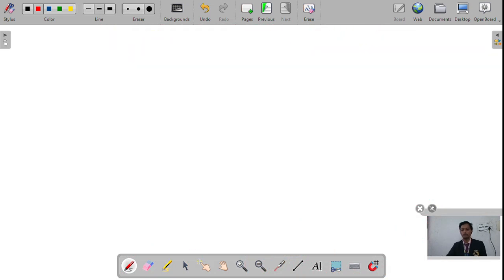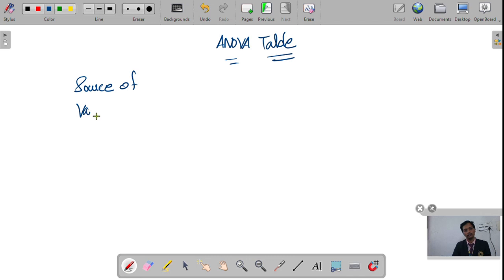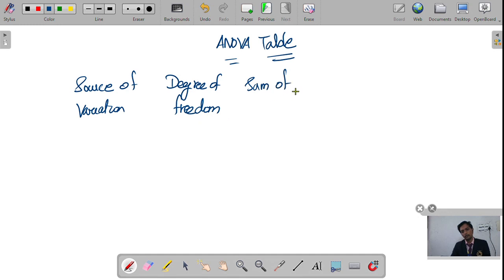Now we move on to the ANOVA table. In the ANOVA table, there will be, first, source of variation; second, degree of freedom; third, sum of squares; fourth, mean sum of squares; and the last one, F cal.